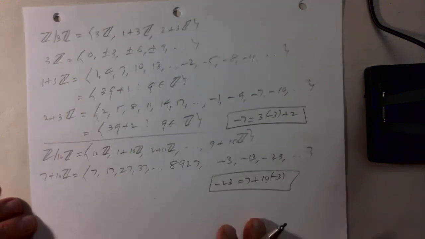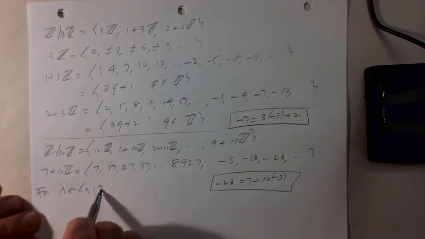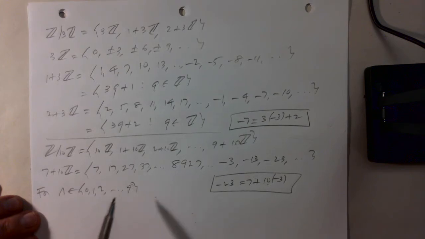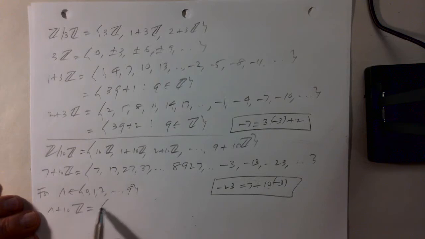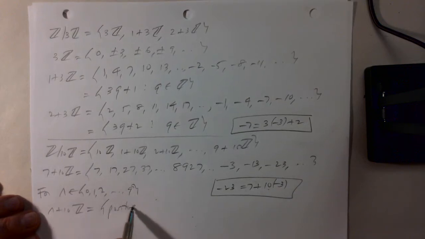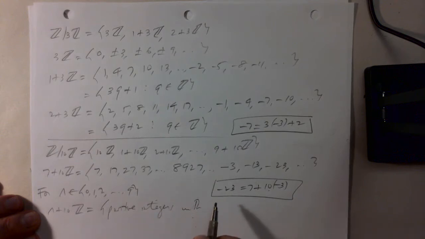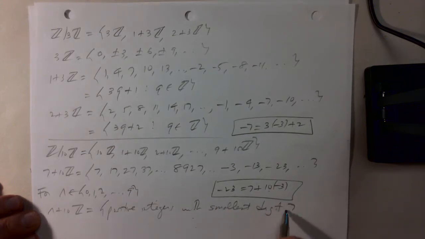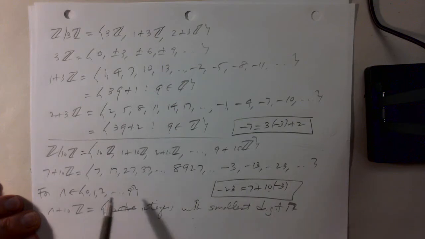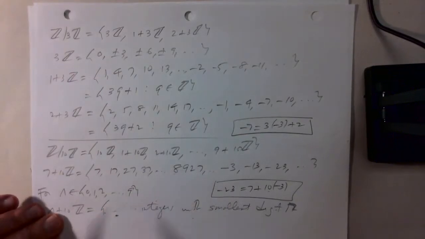In general, for any digit r from 0 up to 9, r plus 10Z consists of all the positive integers with the smallest digit equal to r. I should actually say the non-negative integers, in case r was 0.